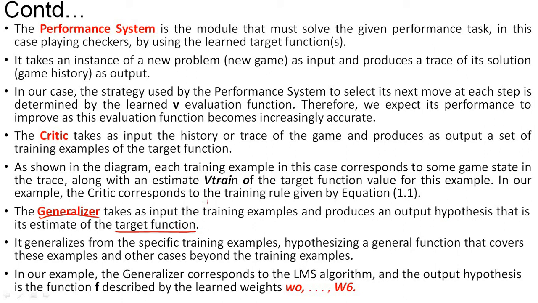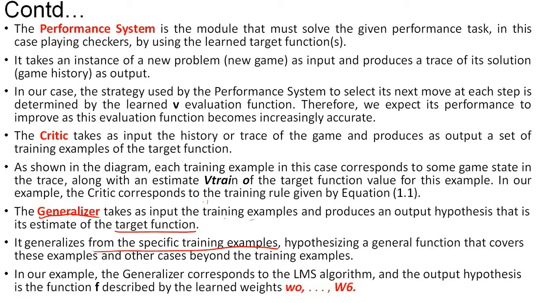It generalizes from the specific training examples. As I said, the Pythagoras theorem with 3, 4, 5 was specific. I have to generalize it, because it is not meant only for the particular values 3, 4, 5. It has to be generalized so that the user can provide any kind of input and get the output.